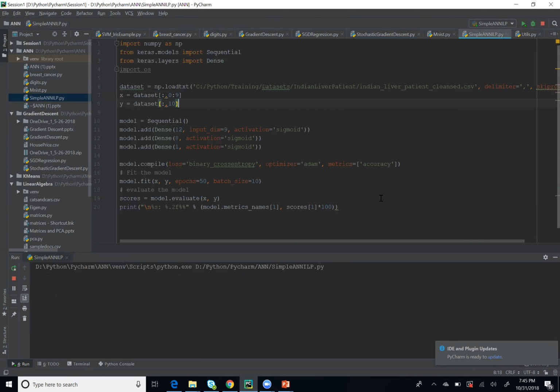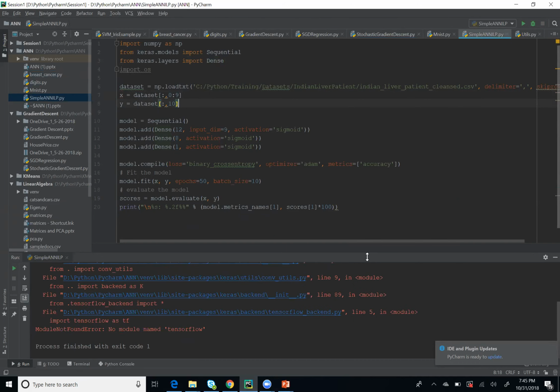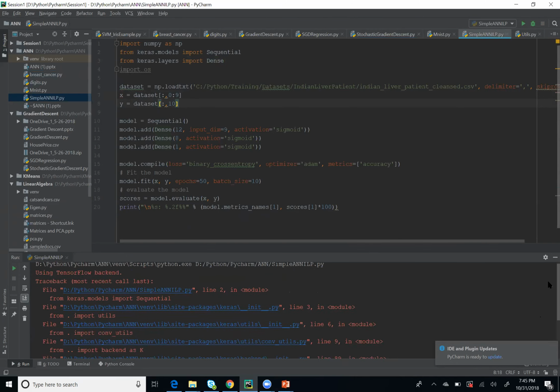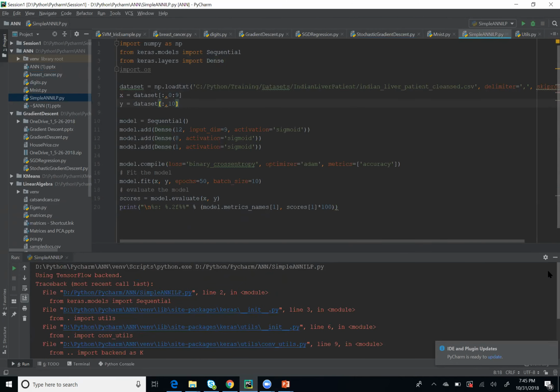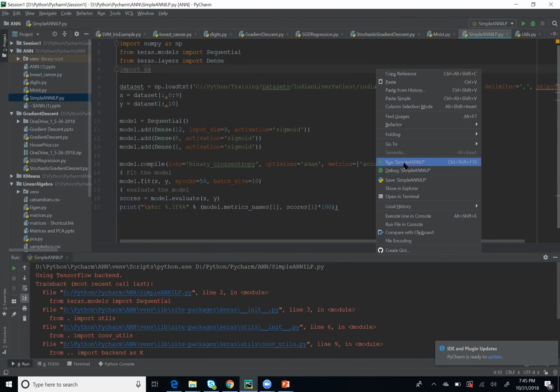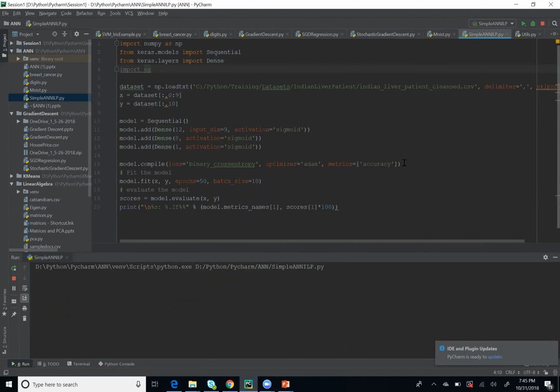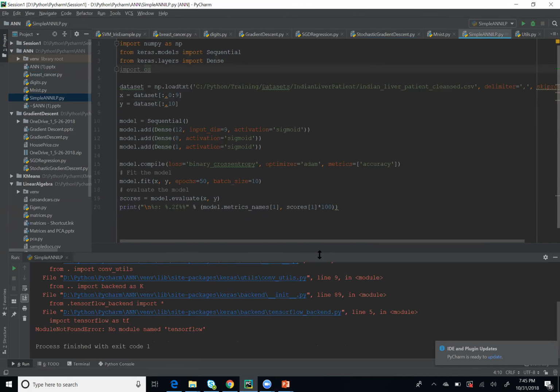Ideally this would run, but I actually just installed TensorFlow, so it messed up the Keras. So don't worry about this.